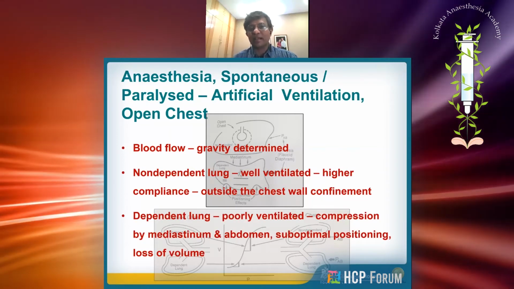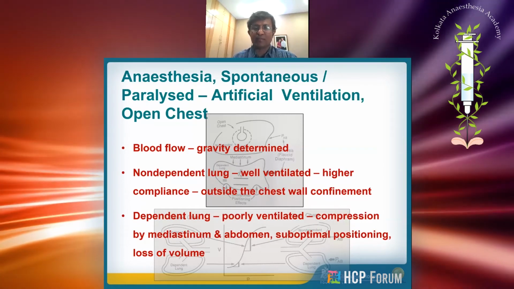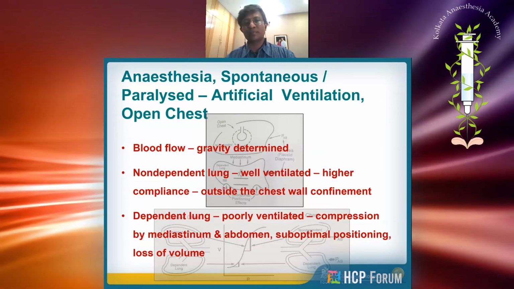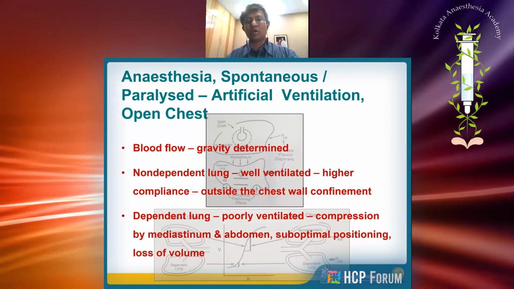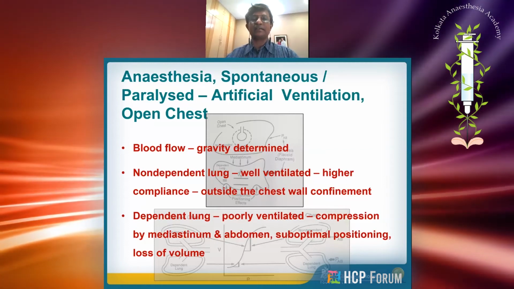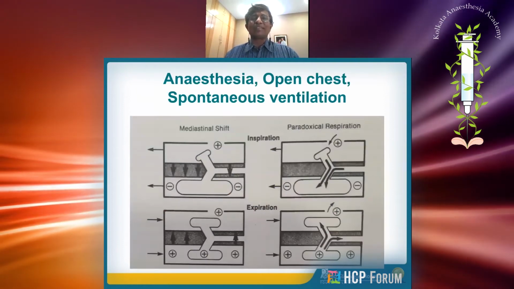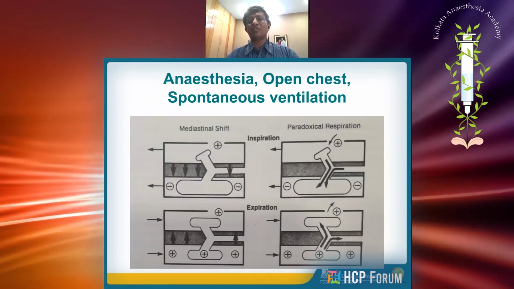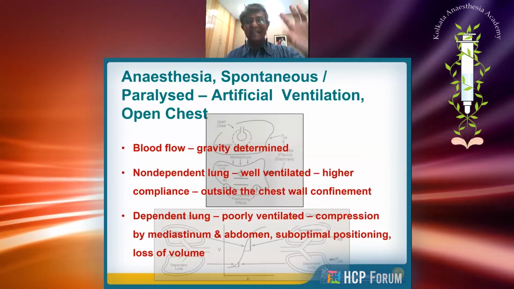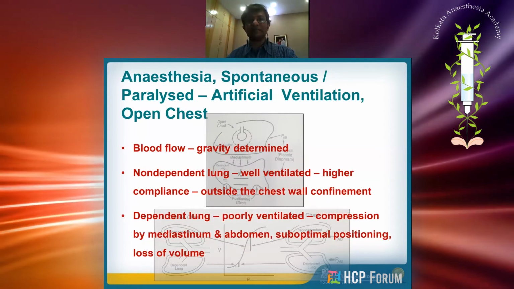The dependent lung becomes more poorly ventilated because it gets more compressed by the mediastinum and the abdomen, as well as the suboptimal positioning and the loss of lung volume because of the greater decrease in FRC. These are more theoretical considerations, but let us finish this. So this is in a nutshell what is happening when you have one lung ventilation.